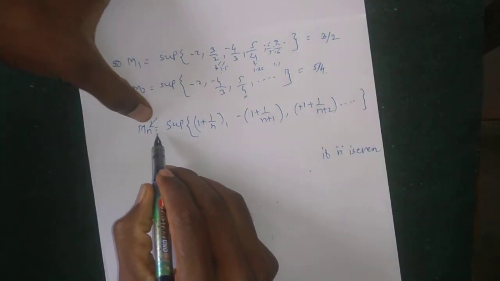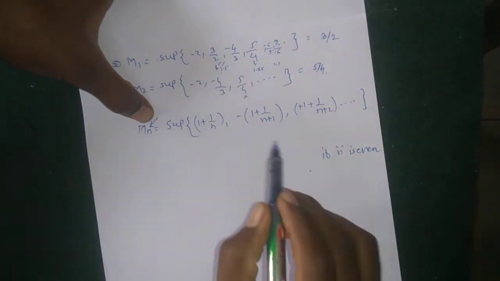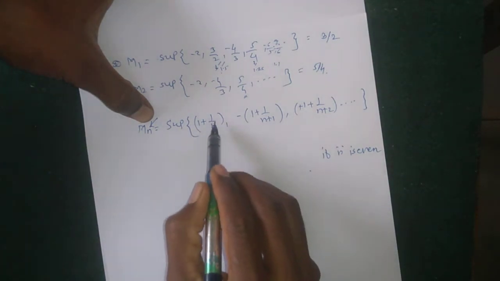If n is even, then minus 1 raised to the even power is plus 1, and 1 plus 1 by n.